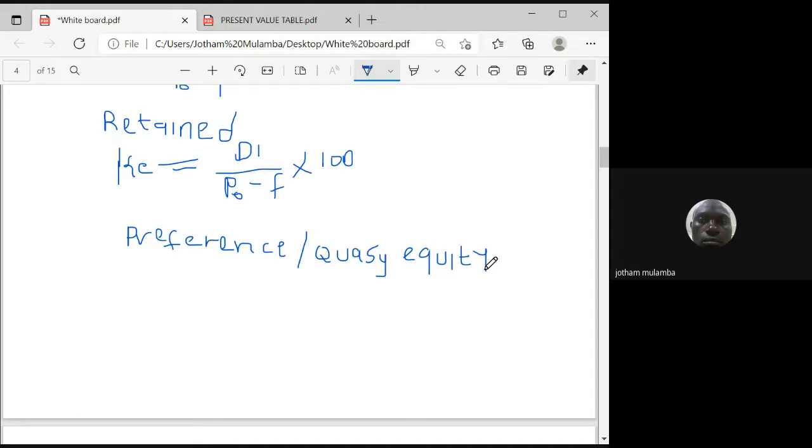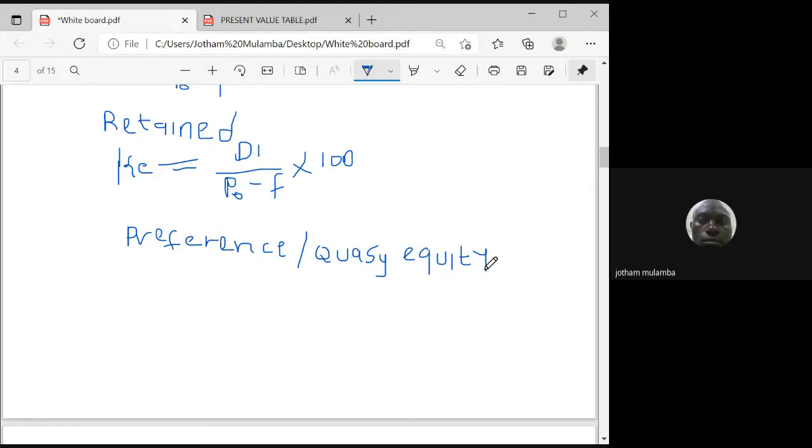We have given you for a certain number of years. At the end of those years, the company must pay back those shareholders their money that they invested in that company. So that's why we call them redeemable preference shares. For non-redeemable, it's a long-term finance that the company does not have to pay back the shareholders.